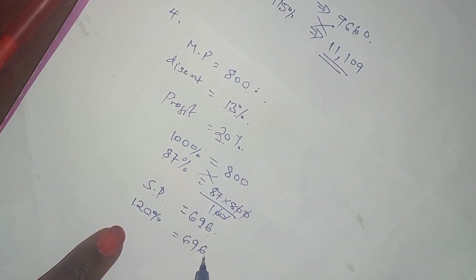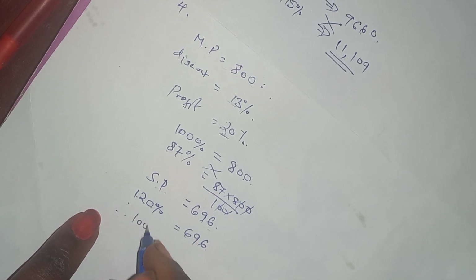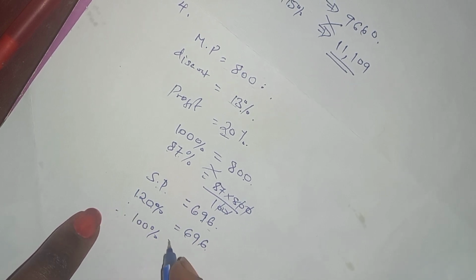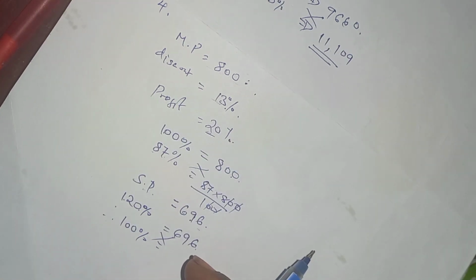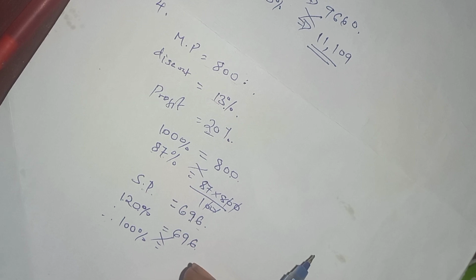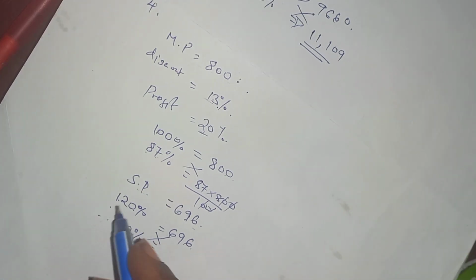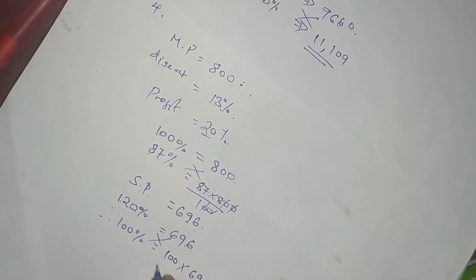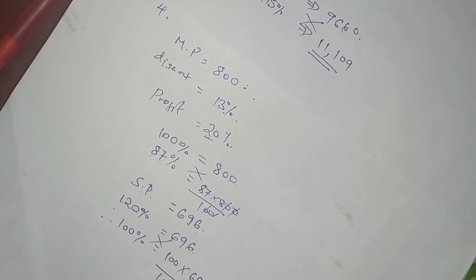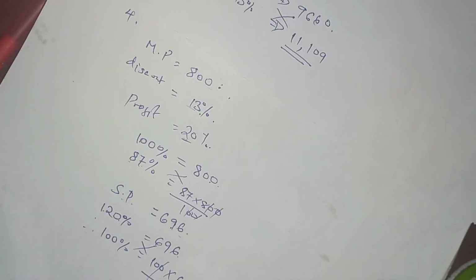120% will represent this. What about 100%? So this 100% will be the price at which this trader bought this shirt, because that one was before making a profit of 20%. So we'll check that 100 times 100, that one we divide by 120.